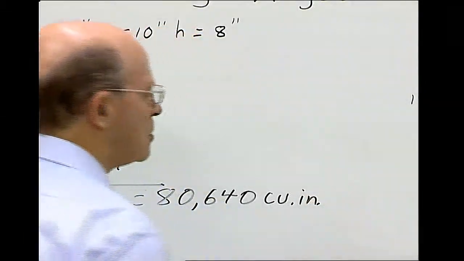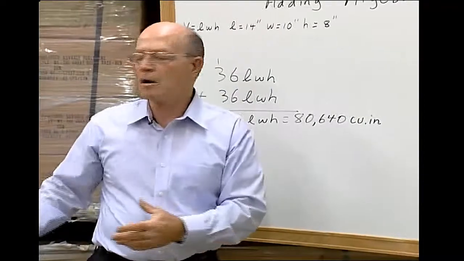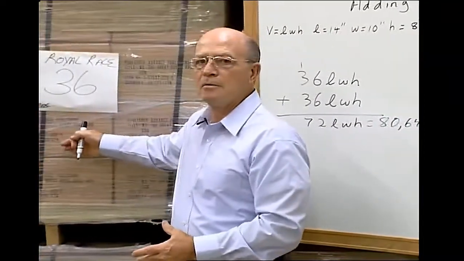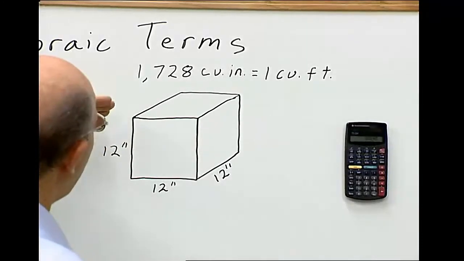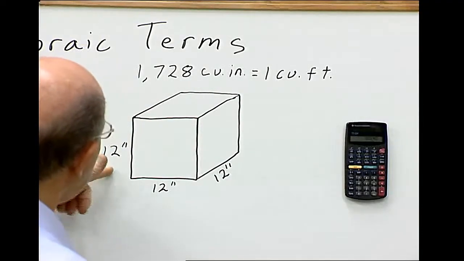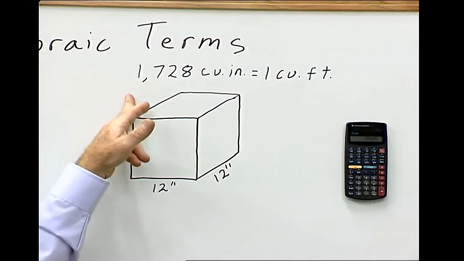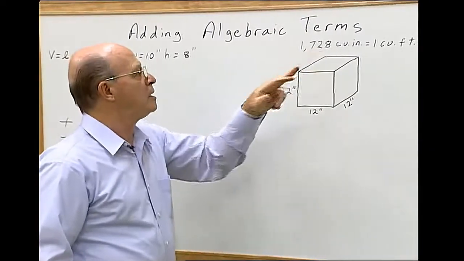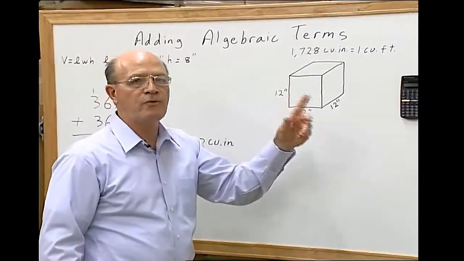But we want to find how many cubic feet are in this pallet of books. So 1 cubic foot is 12 inches by 12 by 12, and that comes to 1,728 cubic inches equals 1 cubic foot.